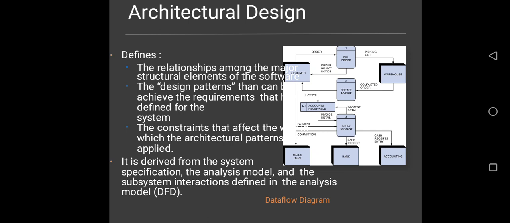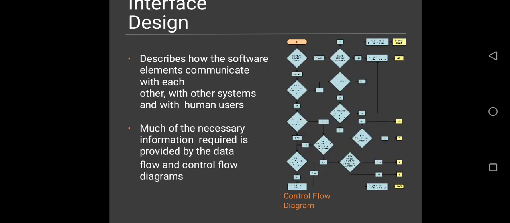Then architectural design. Architectural design defines the relationship among the major structural elements of the software. There are many major structural elements. Here in architectural design, we exhibit the relationship among the major elements of the software. Then interface design.